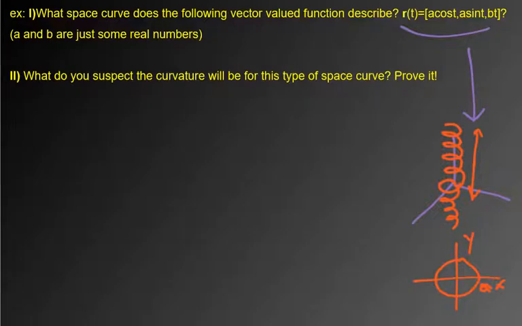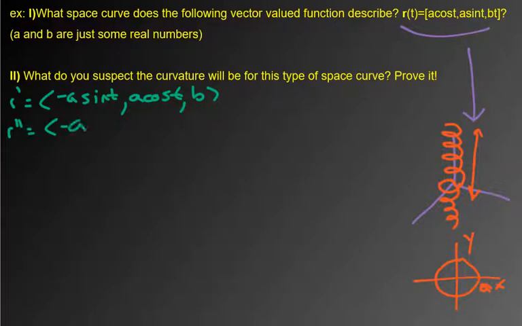So I'm going to need r prime, which is minus a sine t, a cos t, and b. I'm going to need r double prime because I'm going to cross the two of those. So that's minus a cos t, then minus a sine t, and then 0.